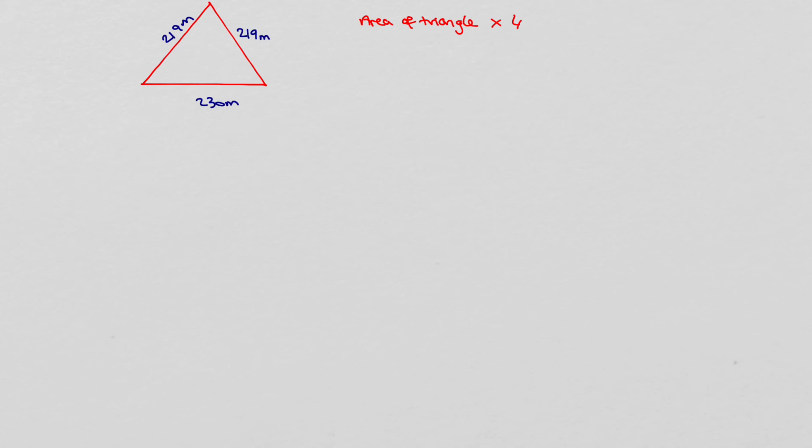So at the moment we have 3 sides and no angle. If I wanted to find the area of the triangle with an angle, I'd be using half AB sine C. So that means I would need to find one of these included angles. And of course, I could do that using the cosine rule.